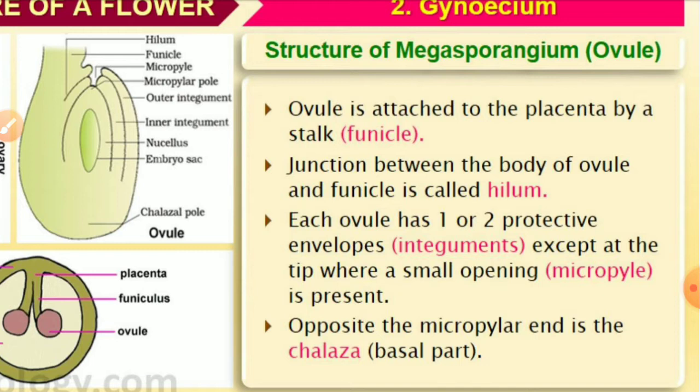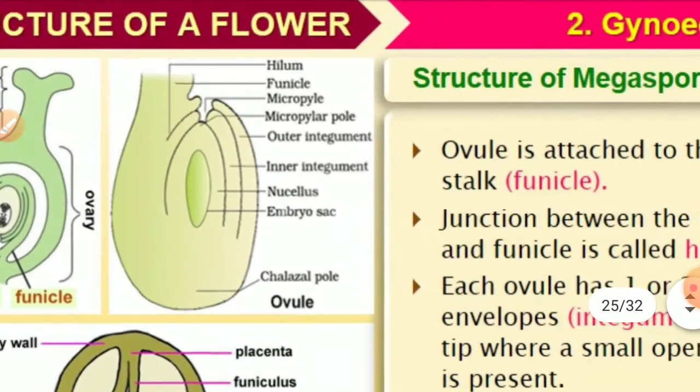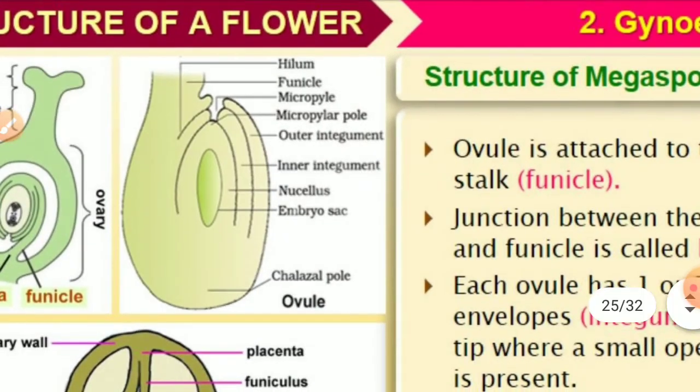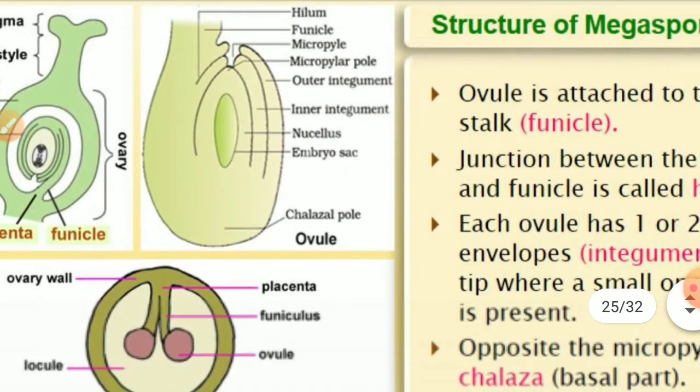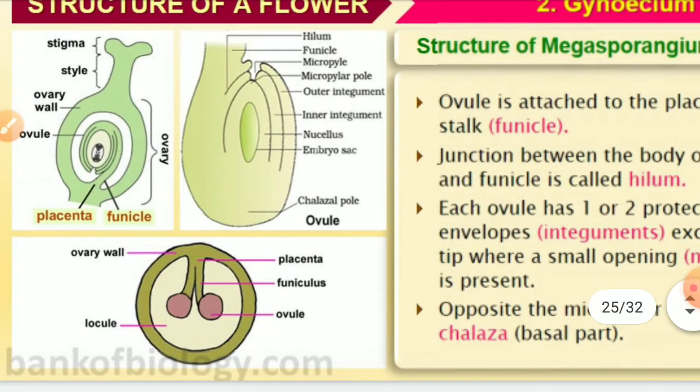From that point only, the pollen tube enters inside the ovule. Opposite to the micropylar end is the chalaza, the basal part. You can see in the diagram, the lower part is known as the chalazal part, opposite to the micropylar end.